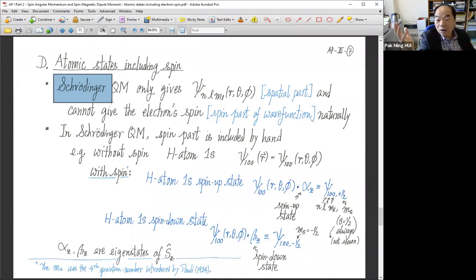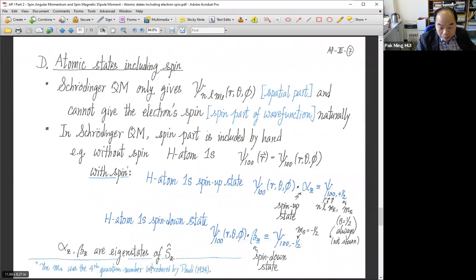There's no way, because as I said, Schrödinger started out from Newtonian mechanics, okay? But we know after 1922, there is spin. So this spin part is a product multiplying into the wave function you solved from the Schrödinger equation.